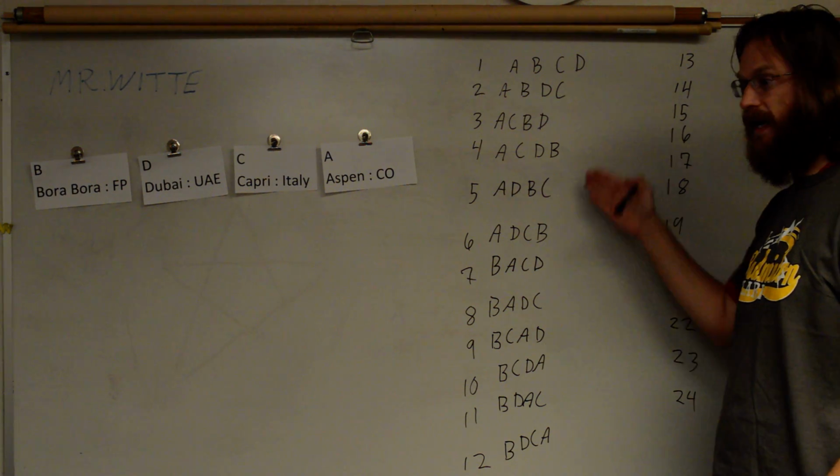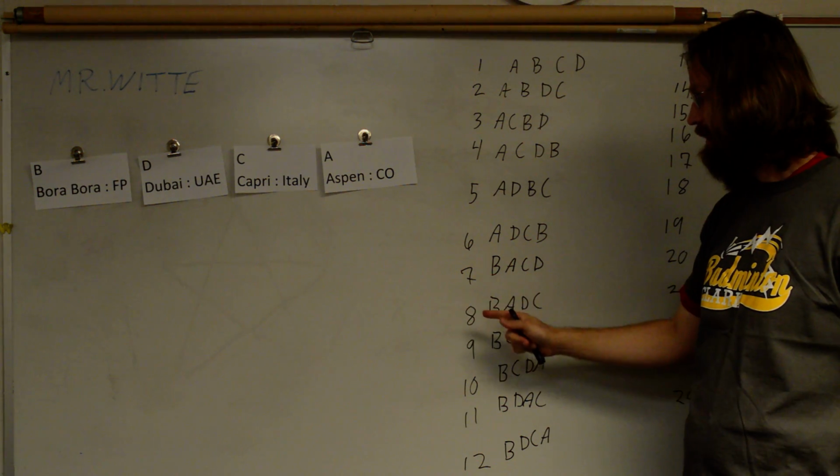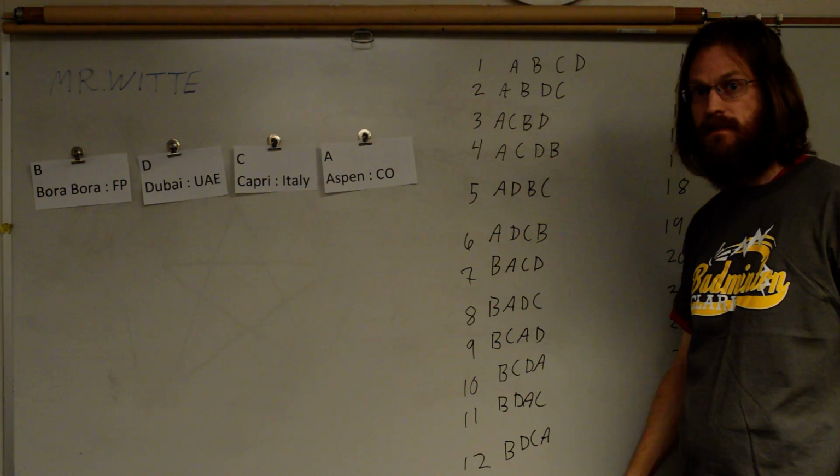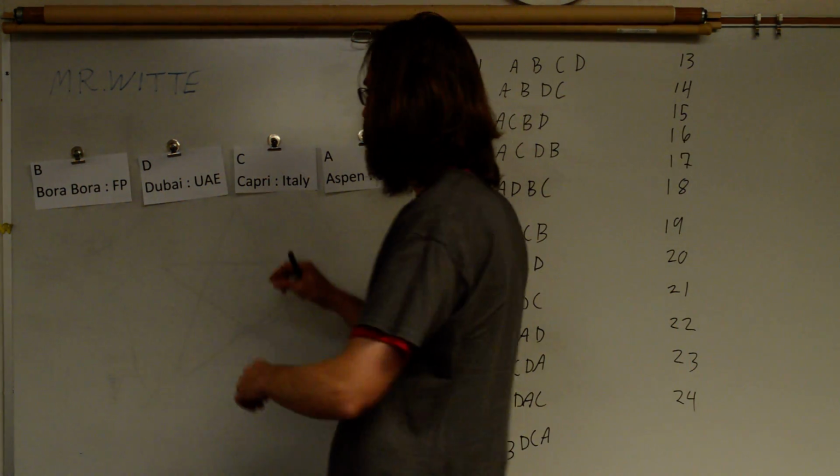So now we're halfway done. We've done all the options with A in the front. We did all the options with B in the front. So now we're going to do the options with C in spot number 1.